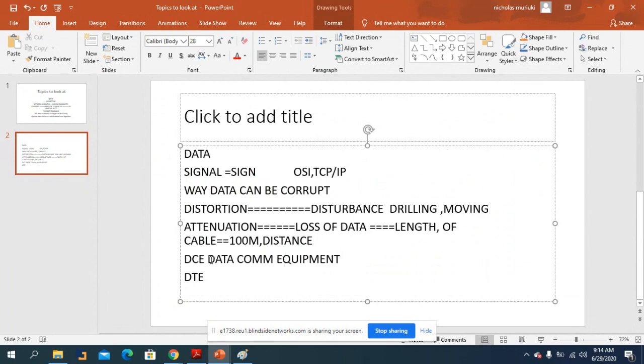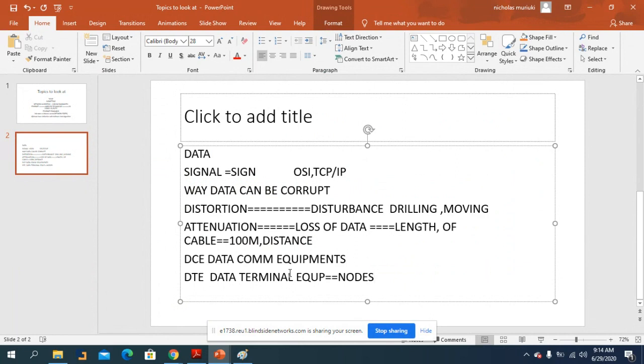Data terminal equipment are like the nodes. Those are at the end, the receiver end and the sender's end.